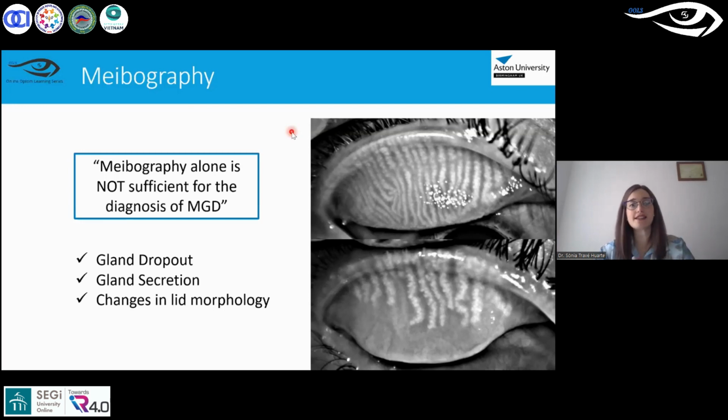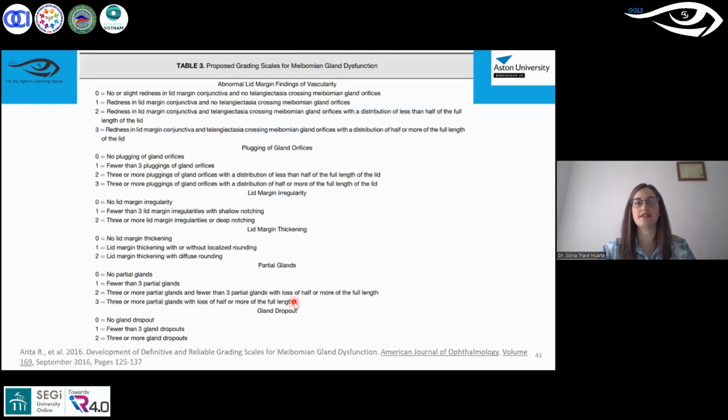Sometimes, for example in my case, I have very long glands, pretty much like this patient here, but they don't produce pretty much any oil, versus patients with this amount of glands who go along fine, have no issues, and have oil secreting. So you always need to be careful, looking at what's happening. Maybe the patient doesn't have any symptoms, but maybe there's something in there. So always educate your patients.